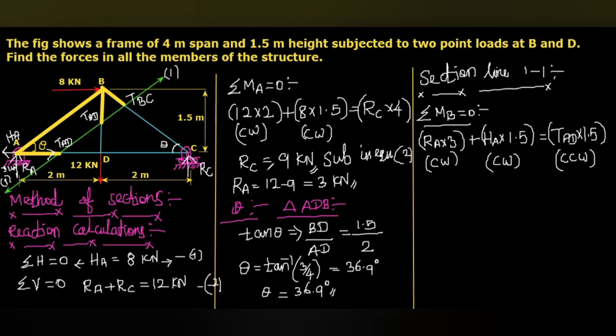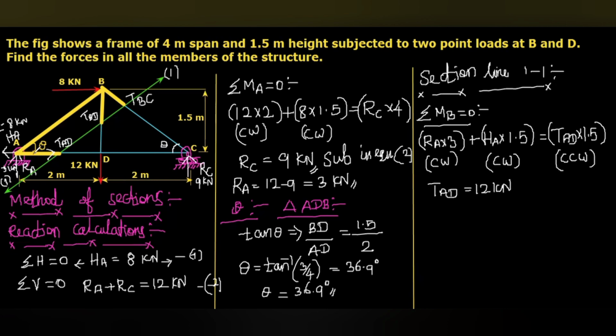RC, that is 9 kilonewton. HA, that we know is equal to 8 kilonewton. So if you substitute the values of RA and HA, then when you calculate the value of TAD, we will get 12 kilonewton.